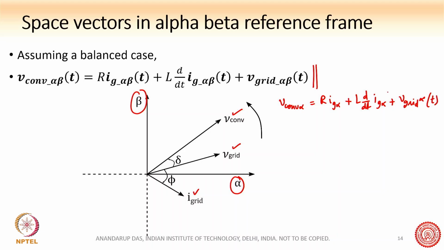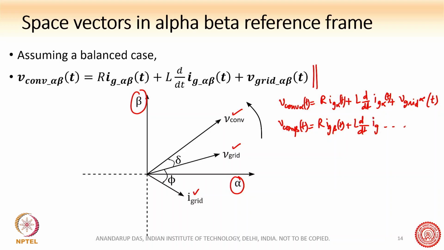So this is one equation, and similarly you can have V conv beta equal to R Ig beta plus L d/dt of Ig beta plus V grid beta.